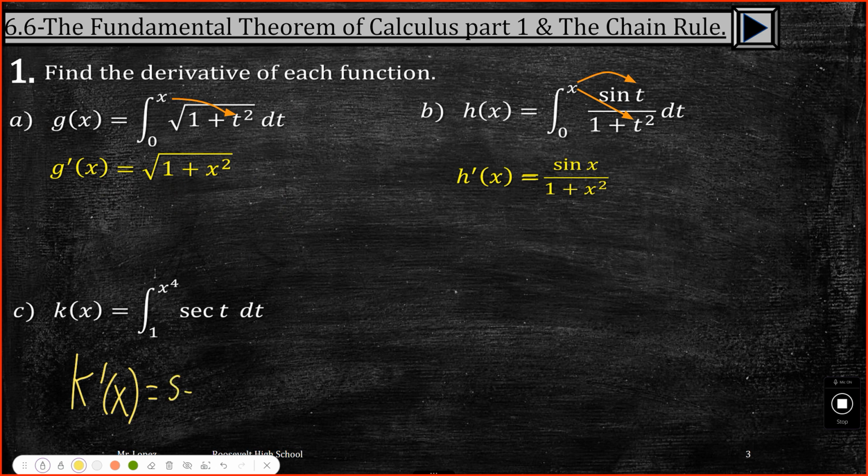So it'll be secant x to the 4th, because we plug it in for t, x to the 4th. But then now we gotta multiply it, maybe have parentheses on this, by the derivative of this.